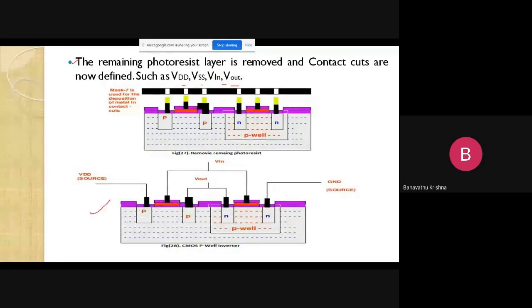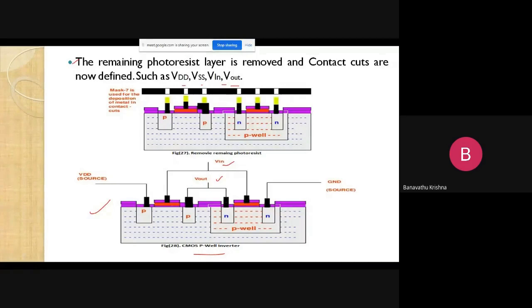Okay. The remaining photoresist and the silicon dioxide are going to be removed. Finally, we are getting this. This is the CMOS P-well circuit diagram. So here, this is the source, and this is the VDD connection and ground connection, V input and V output.